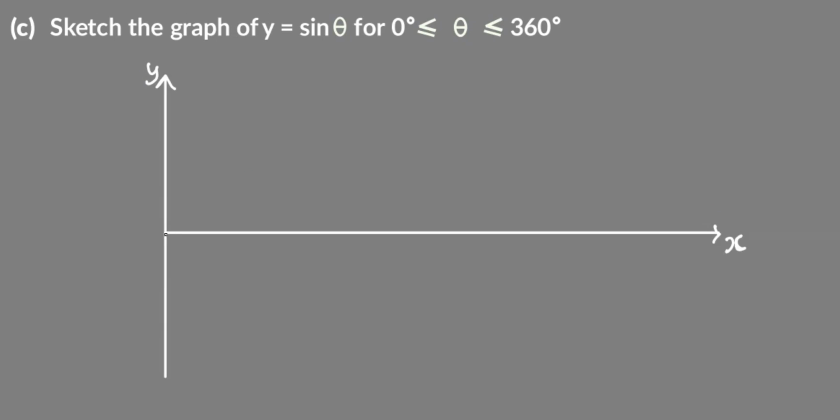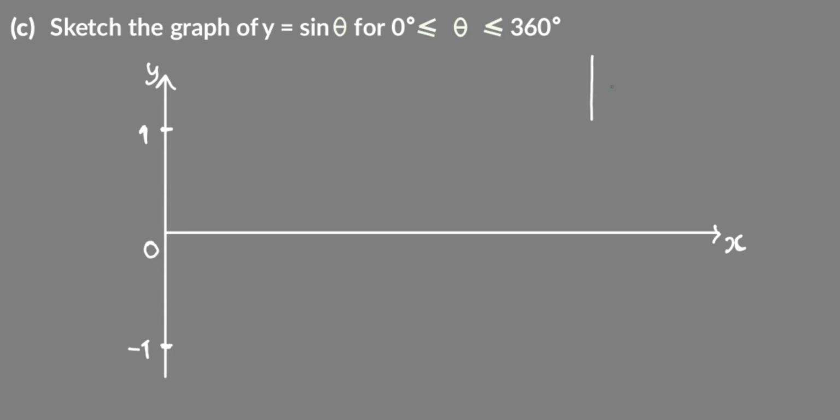This point here is going to be 0. Then we're going to find a point above here that we're going to write as 1. Then we also need a -1. Our sine graph, or the graph of y is equal to sine theta, is going to start from 0. And what you need to always remember is that our sine function looks simply like this. So we just need to know how to get this point here, this point here, this point here, and this point here. If you know that, you're home and dry.